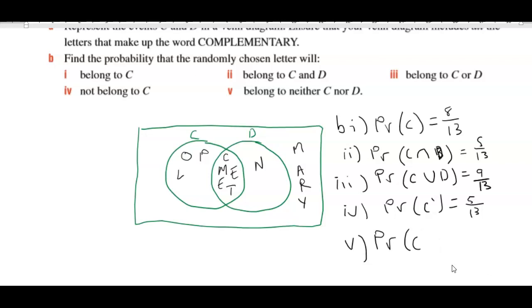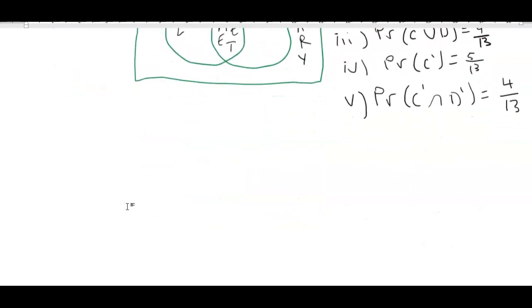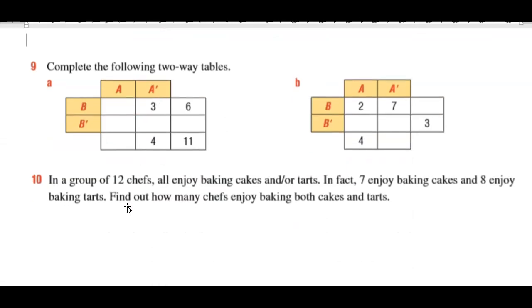Okay, not C and not D. So we've only got the MARY, so 4/13, belonging to neither C nor D. Okay, sorry about that. Let's start afresh with question 9.